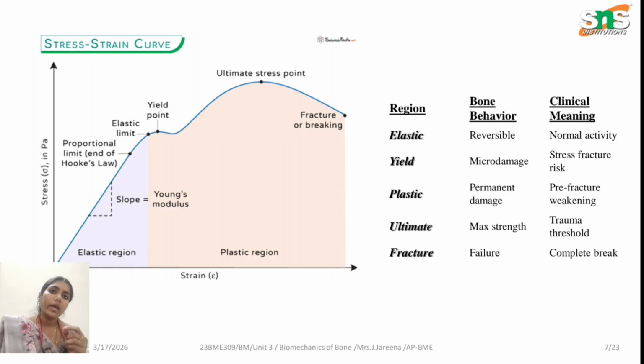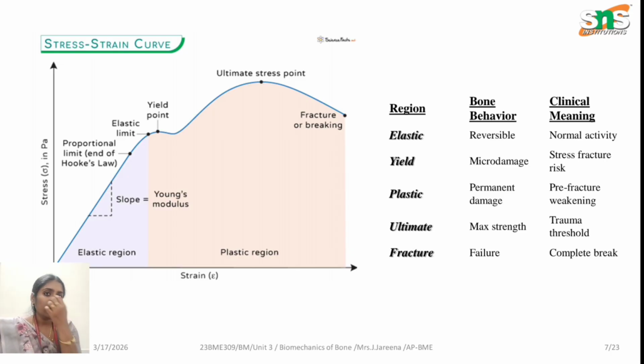The extreme point of this region is the elastic limit. Then it moves on to the yield point, where the micro damage starts. You can see very minimal micro damage. Once that point is reached, the elastic region moves on to the plastic region.